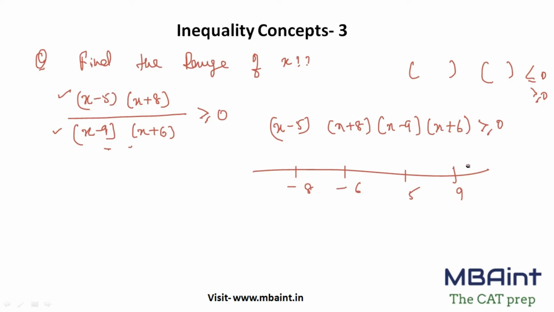I know the extreme value is going to be positive, then negative, positive, and it is going to follow the alternating pattern. What is my intention here? Greater than or equal to 0. So what values am I going to take? I'm going to take all the values greater than or equal to 9, then between minus 6 and 5, and all the values less than minus 8.